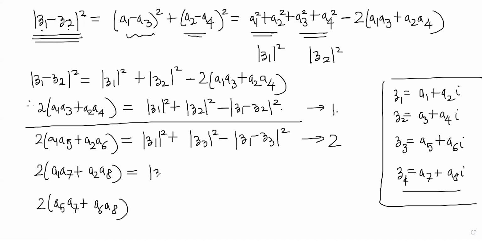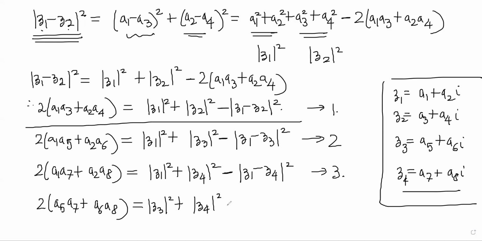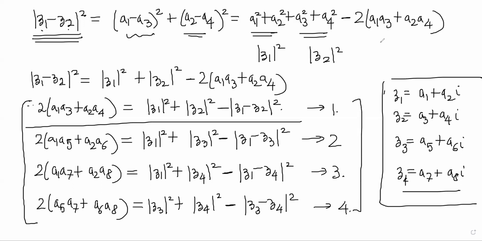And this will be mod of Z1 square plus mod of Z4 square minus mod of Z1 minus Z4 square. This is the third one. And finally, this one is mod of Z3 square plus mod of Z4 square minus mod of Z3 minus Z4 whole square. These 4 equations will come by simply using our complex numbers and calculating these mods, right?